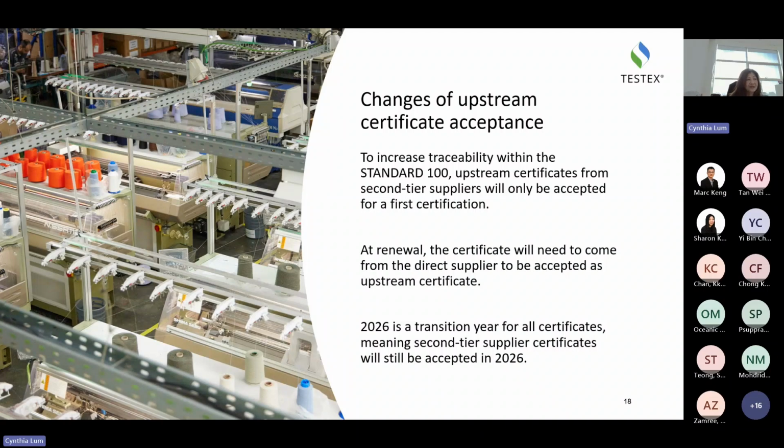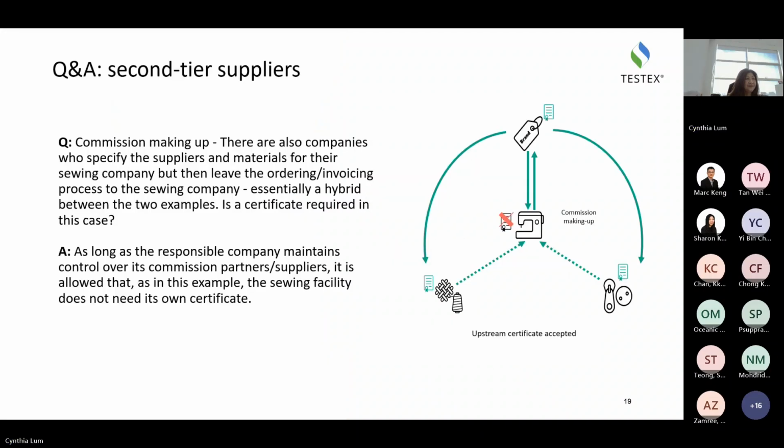That's the first time we accept it, but from the renewal, the direct supplier needs to apply for certification. 2026 is a transition year for all certificates, meaning all second-tier supply certificates will be accepted, but come 1st of June 2027, all second-tier suppliers need to have their own certificate.